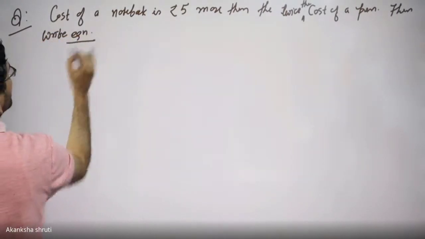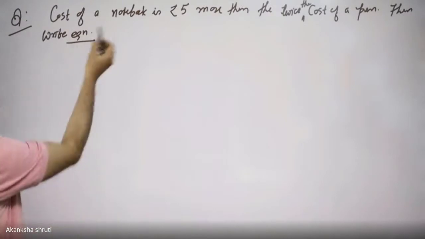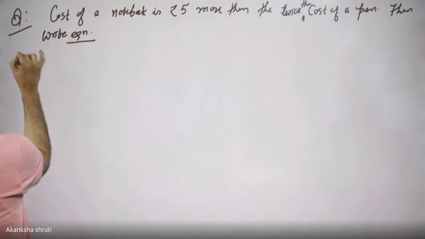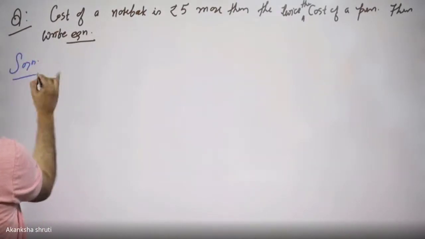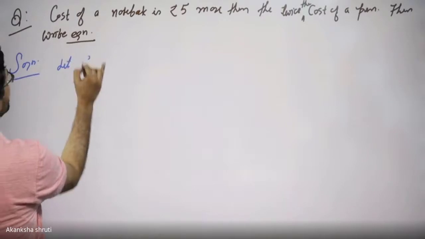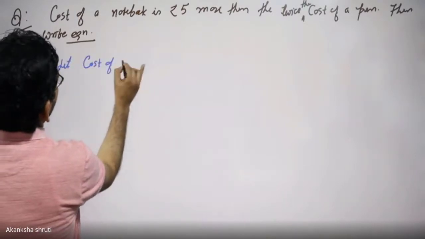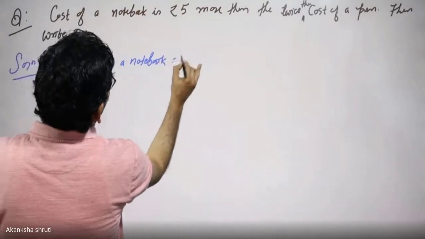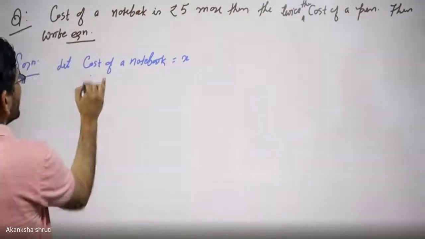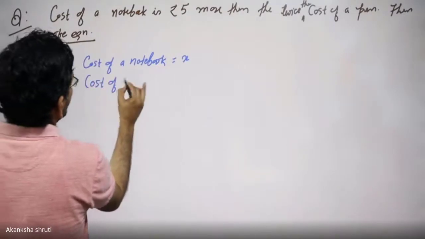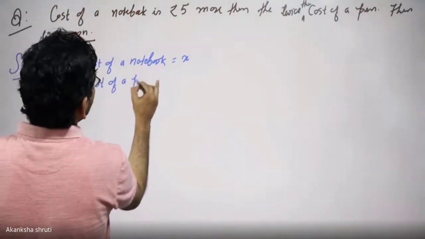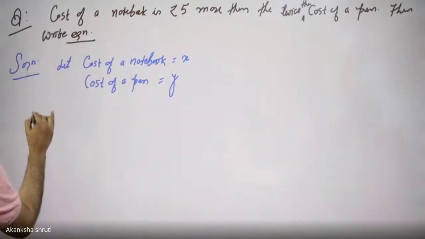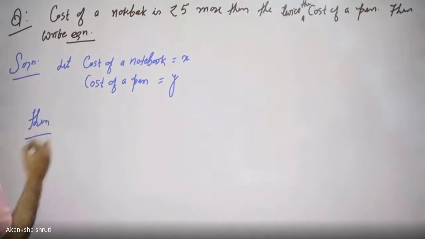Students, writing the equation means whatever the costs are, those could be the variables that we have to correlate. Again, we have to choose suitably. Let the cost of a notebook be denoted by x and the cost of a pen by y. Then, students, we have to understand it carefully.